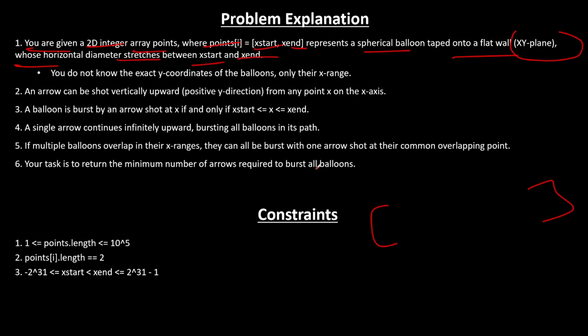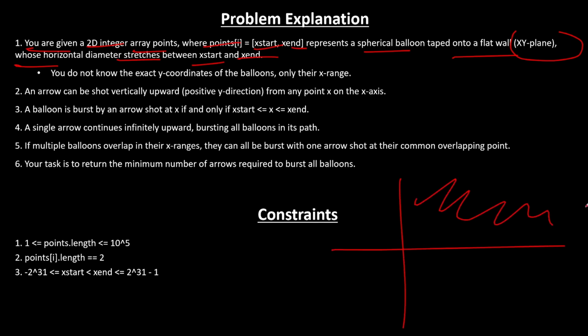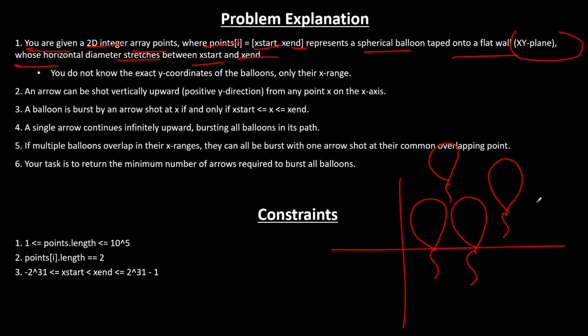Which basically means that if this is an xy plane, and suppose this is a wall in back of it, balloons are taped like this so that they don't fly away. There could be this way also, something like that. And this x start, x end, which is given in our points array, represents their diameter.